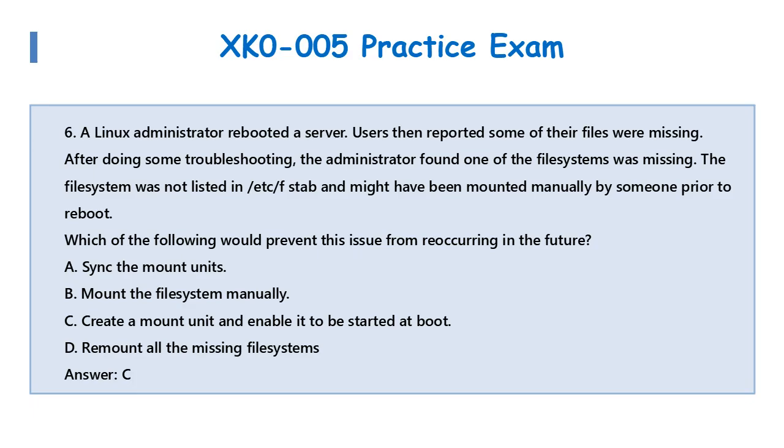Which of the following would prevent this issue from reoccurring in the future? A. Sync the mount units. B. Mount the file system manually. C. Create a mount unit and enable it to be started at boot. D. Remount all the missing file systems. Answer: C.